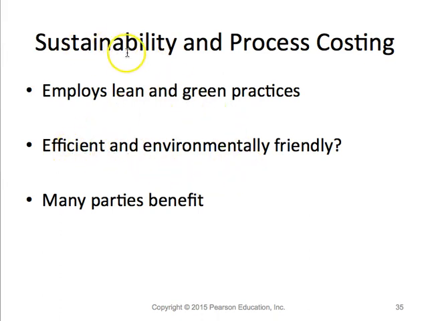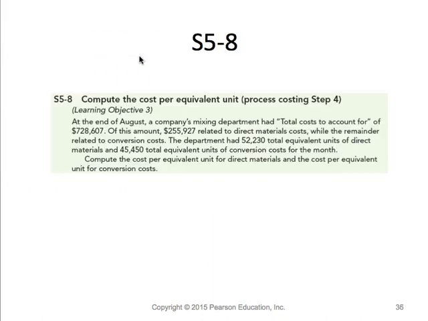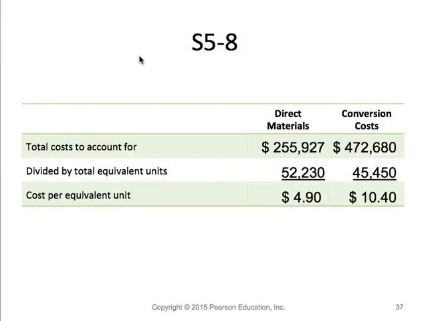It's also a question to ask for sustainability, and many parties benefit because of sustainability issues. So here's the one to compute the cost per equivalent unit. I'm not going to go through that here, so you can just read and find out. It's very simple and very easy.